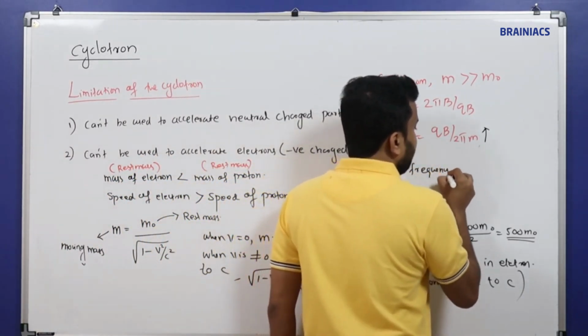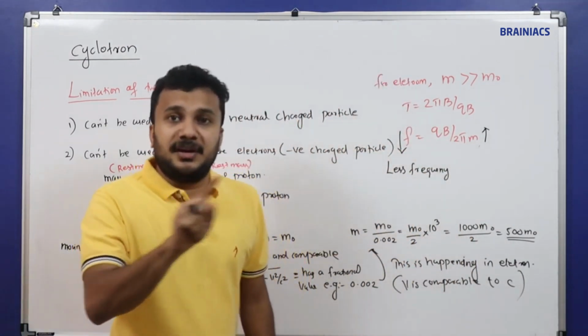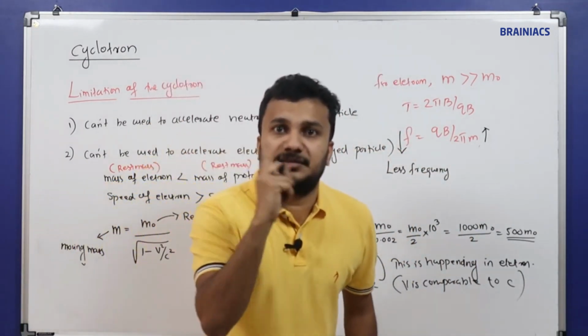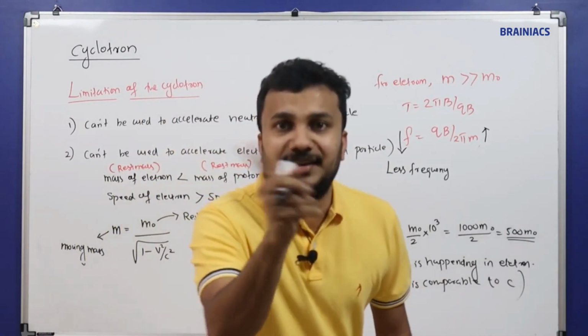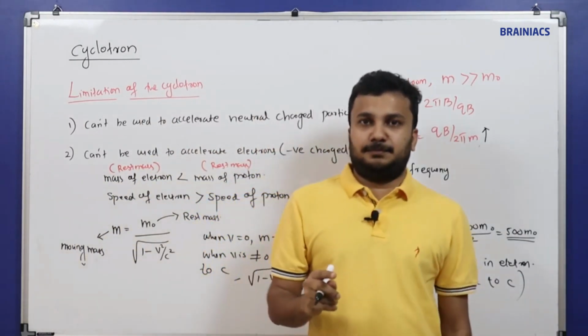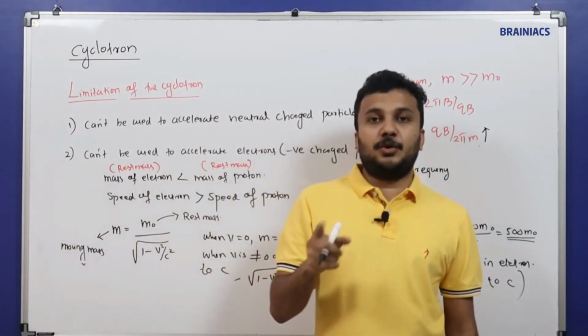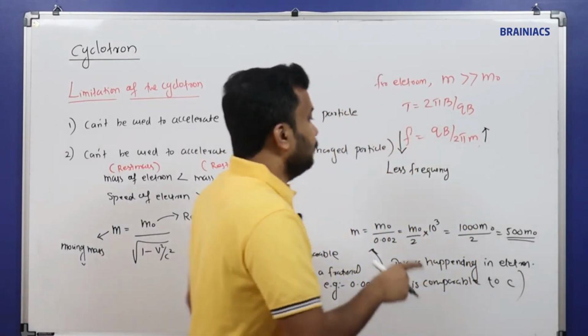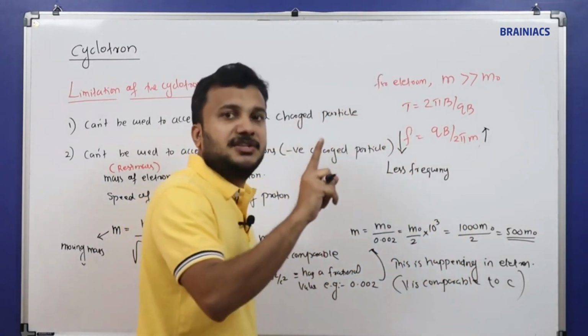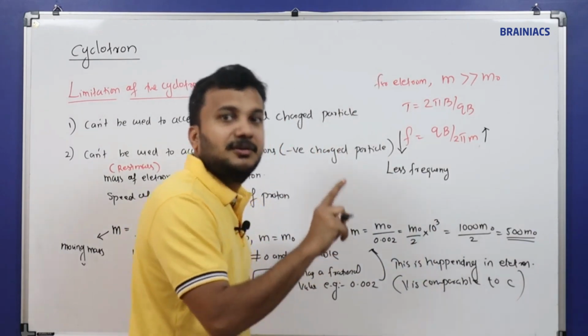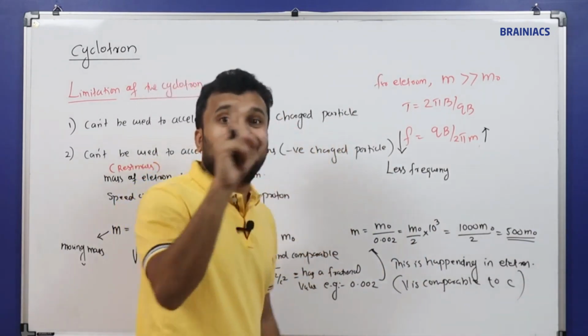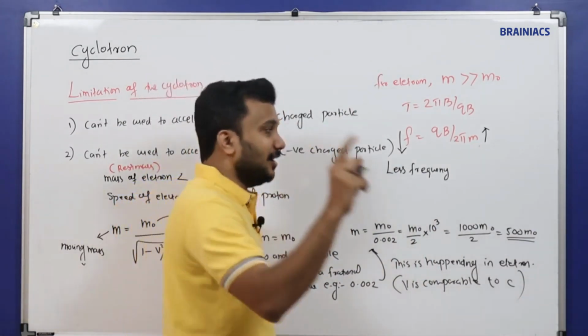Higher frequency means what? It can rotate very fast between the two Ds. That is the meaning of high frequency. Whenever it has less frequency, what will happen? Slow. It cannot resonate. Resonate means it cannot rotate.